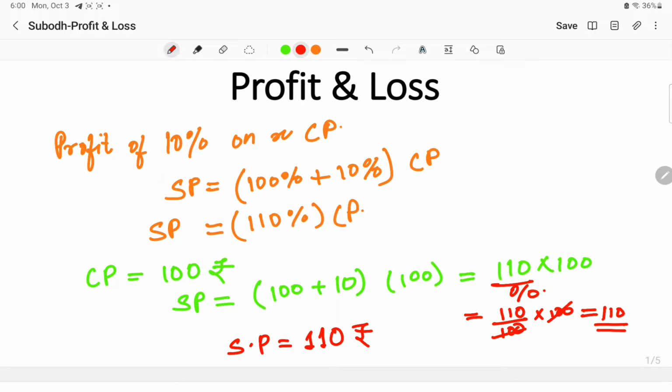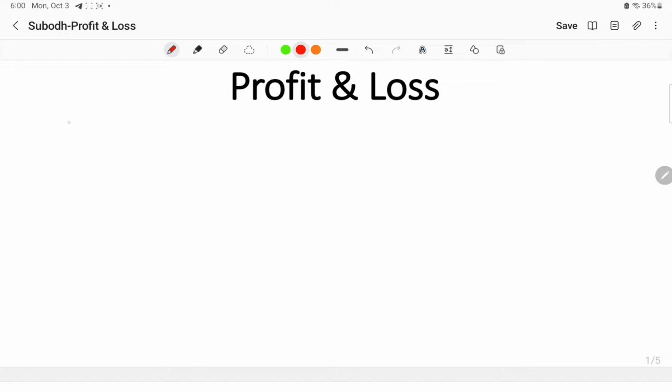Now let's see a similar scenario for loss. If we are given loss percentage and we have to find the selling price, let's see what we can do. So we have a loss of 10% and cost price is given as 100 rupees and we need to find selling price.